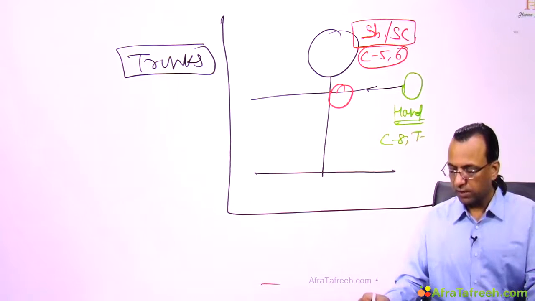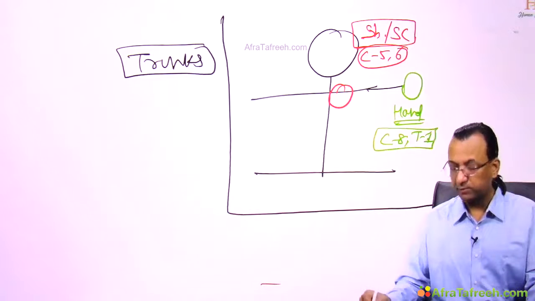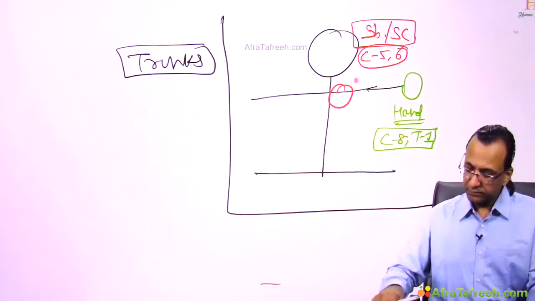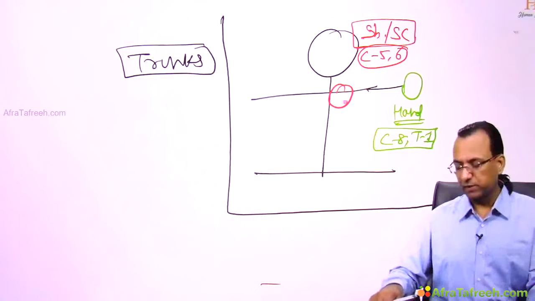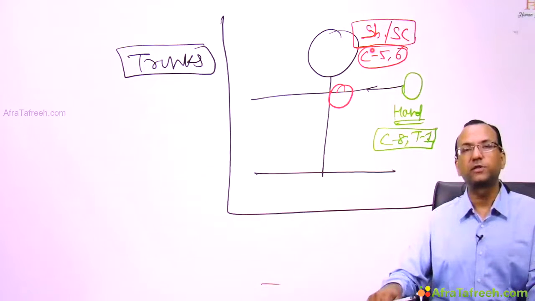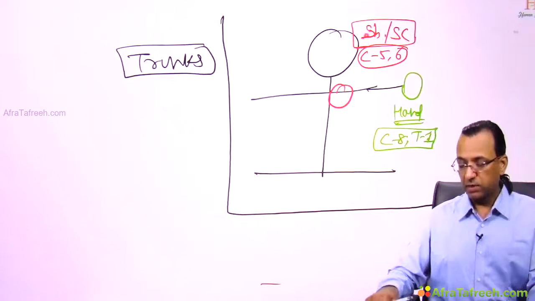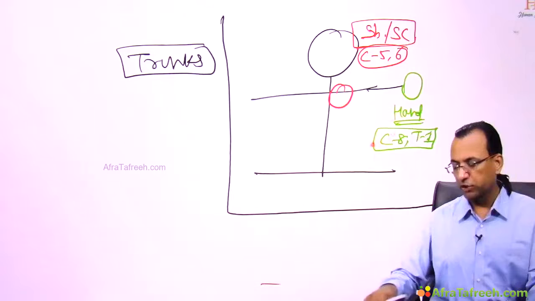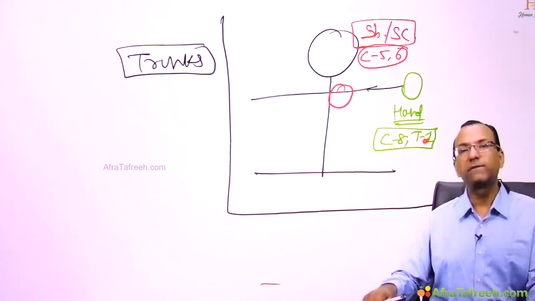So that will be compromised in Klumpke's palsy. So proximal muscles have proximal root value C5, C6, compromised in Erb's palsy, and distal muscles have distal root value C8, T1, compromised in Klumpke's palsy.